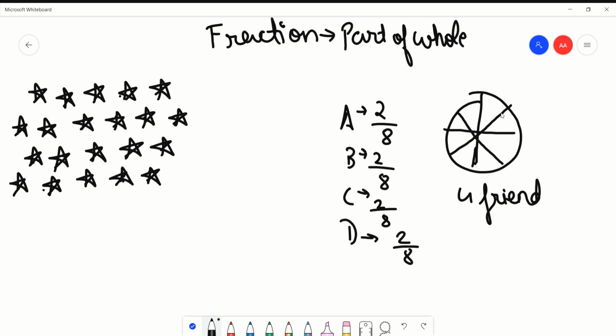That means that 8 is the whole and 2 is the part of a whole. So the fraction is written as 2 by 8.